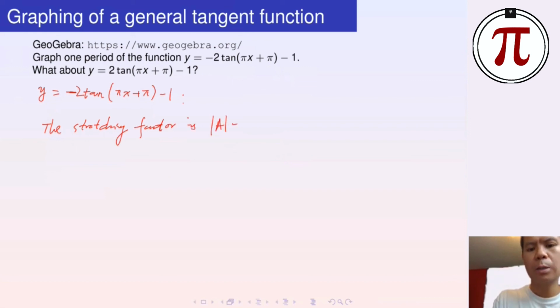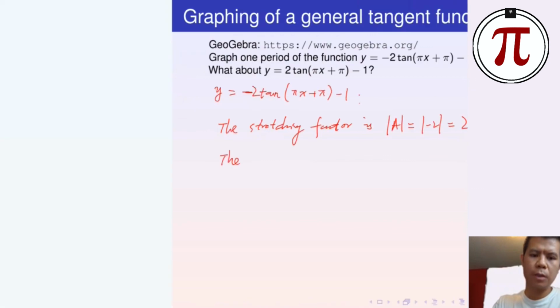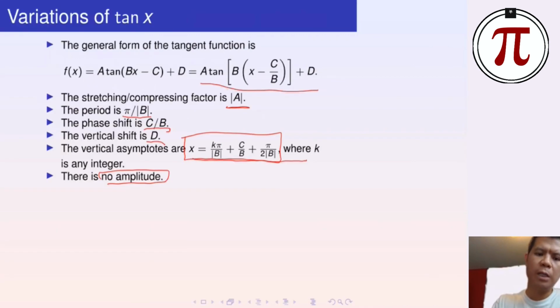The absolute value of a is 2, which is greater than 1, so it's stretching. And then the period is pi over the absolute value of b.